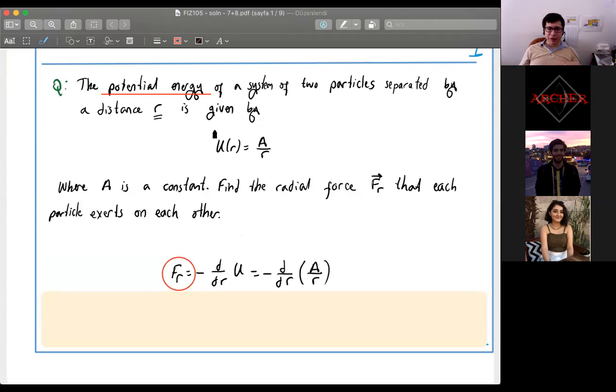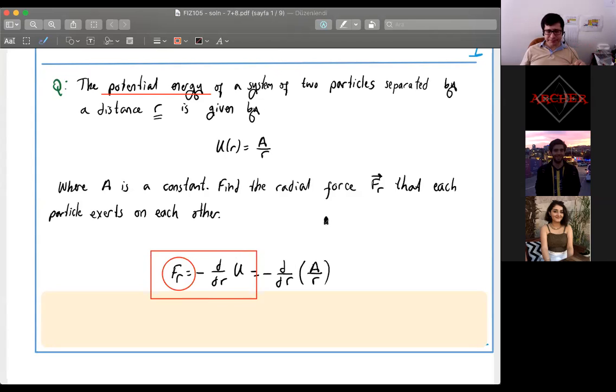Therefore, for this problem, this equation is automatically correct because we are given the potential energy and we are asked to find the associated internal force. So I repeat this expression, and its other forms like del over del x, del over del y, etc. They are correct for internal forces, for forces for which there is a related potential energy.